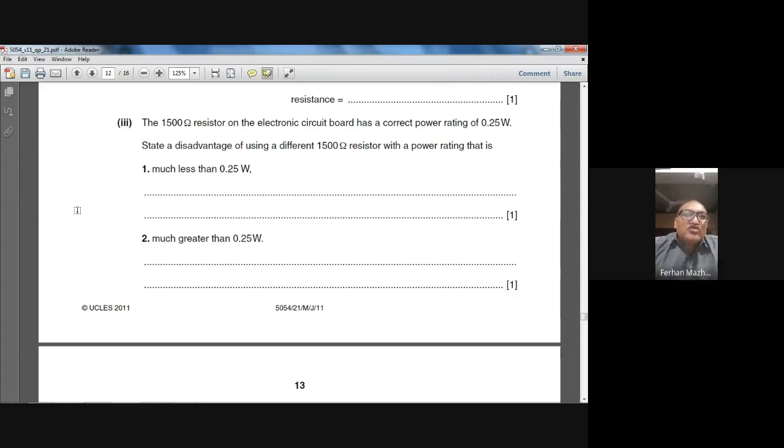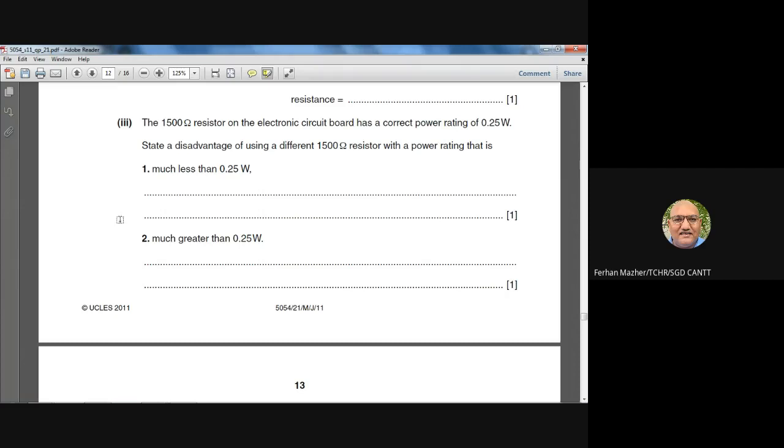So when you use resistors whose power rating is more than 0.25 watts, the length, width, and height, the physical size of the resistor, increases. So it's possible that that resistor might not fit in that slot which you have on the circuit board.